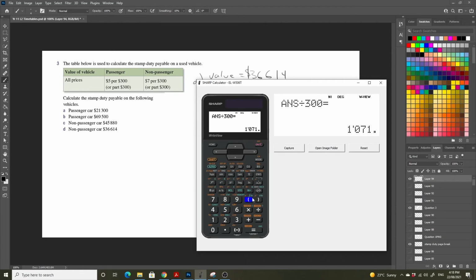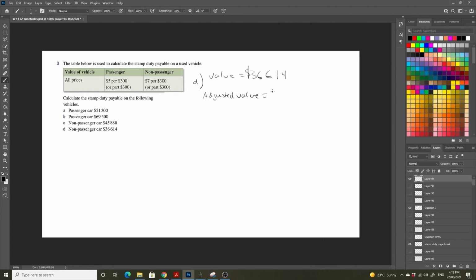First things first, let's divide that by 300. 36,614 divided by 300 is 122.04, so we need to round this up to 123 times 300, which is $36,900 to the nearest 300.